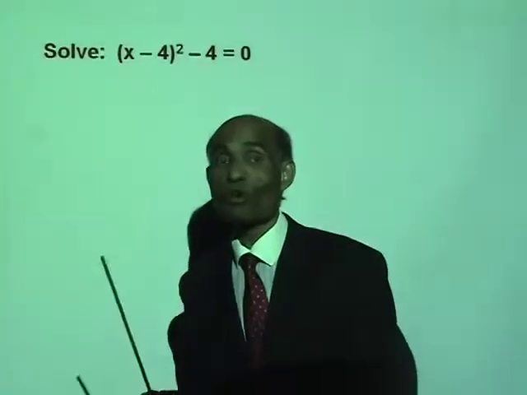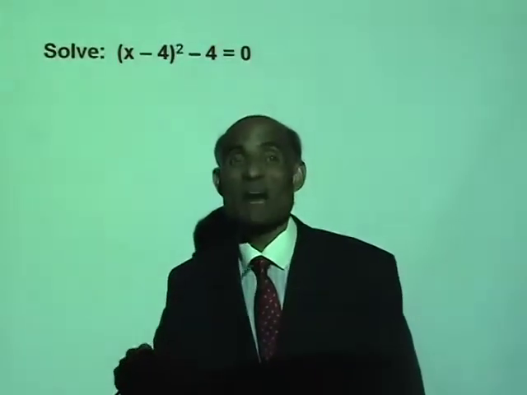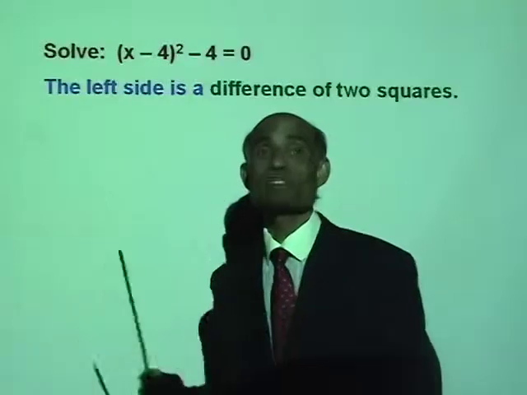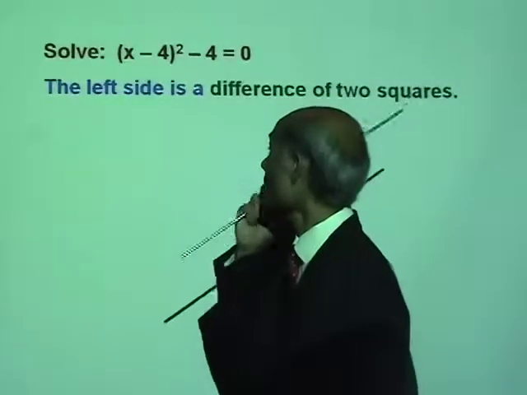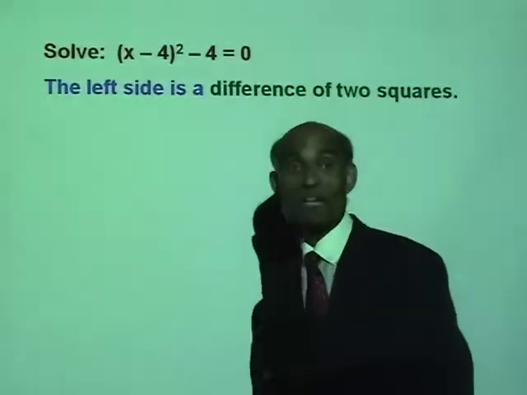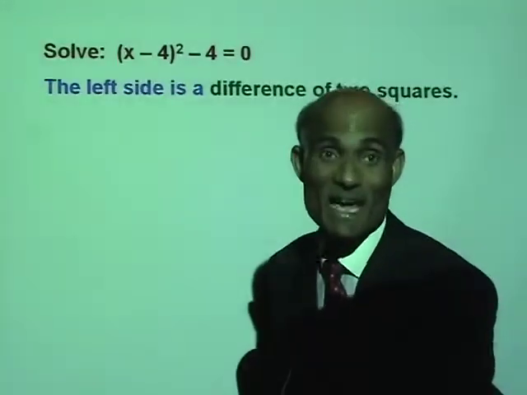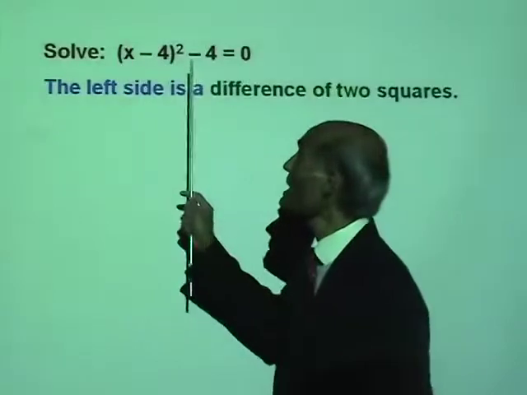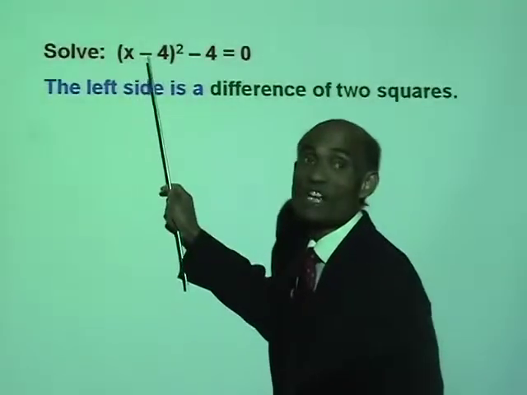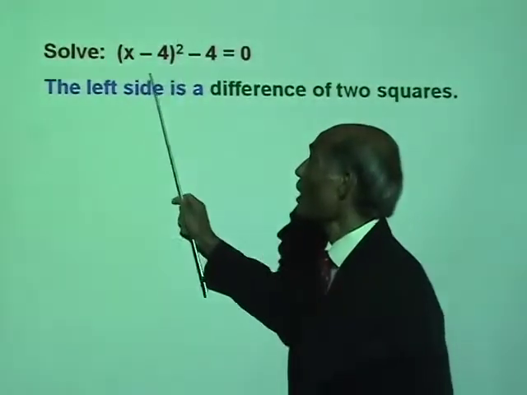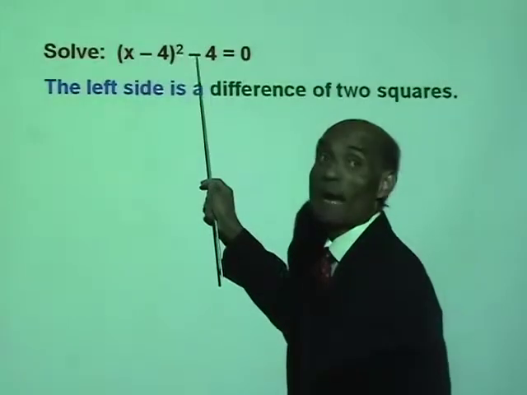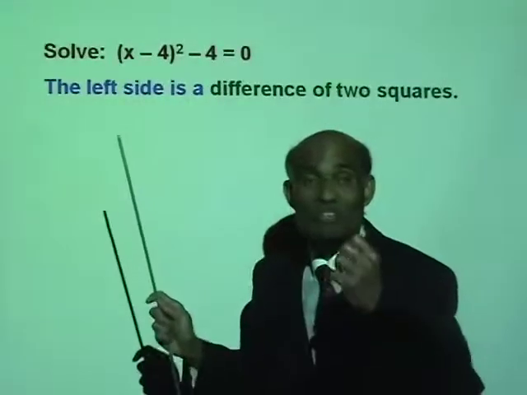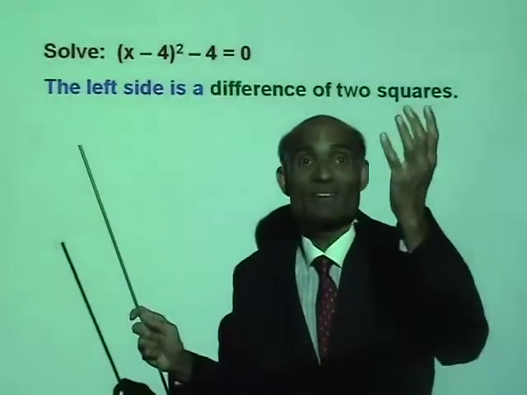x minus 4 all squared is x minus 4 times x minus 4. Or there is a better way. Yes, I didn't see that actually. There is a better way. Can you see the left hand side is the square of a quantity minus 4, and 4 can be written as 2 squared.